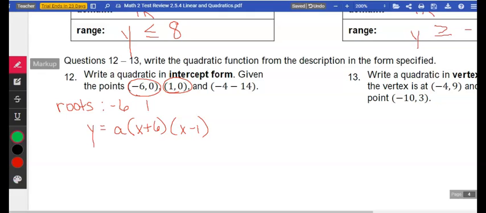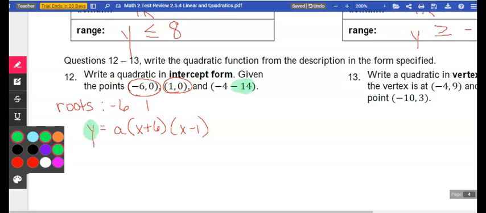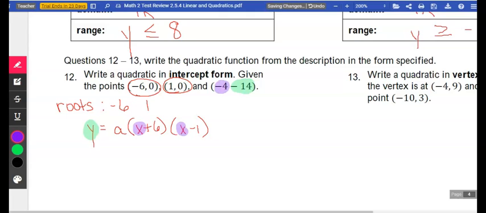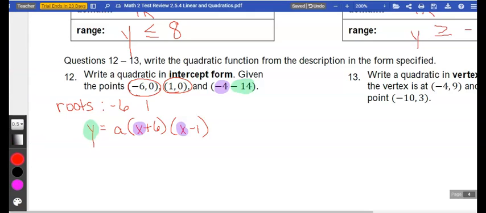What I also see that they've given me is another ordered pair with an X value and a Y value. So if I take that ordered pair, and I'm going to do these in different colors, I plug in a -14 for the Y, and I plug in a -4 everywhere I see an X, then I can solve for A, because solving an equation means you've got one unknown.